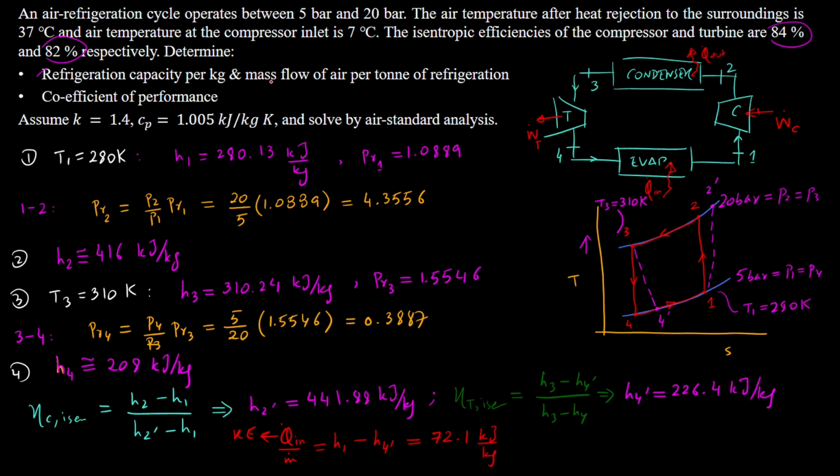But we also want to find out what the mass flow of air is per ton of refrigeration, and that means we need to substitute 1 ton over here, and 1 ton is equivalent to 14,000 kilojoules per hour. So we just plug it in here and take M dot onto the other side, bring 72.1 onto this side.